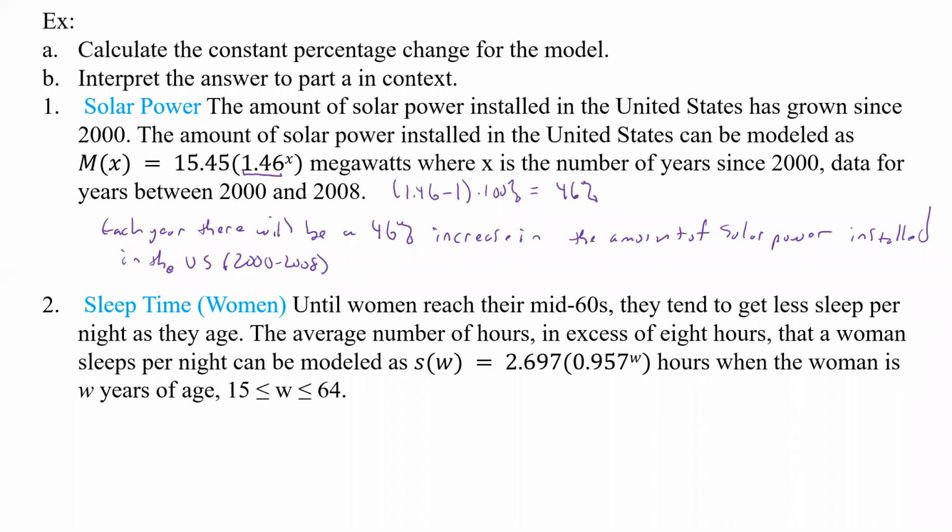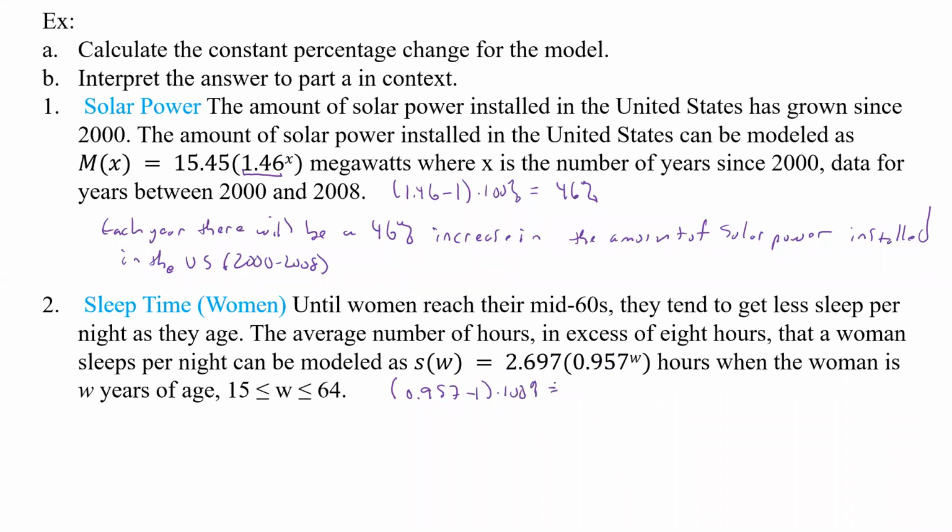Now for the next one, sleep time for women. Until women reach their mid-60s, they tend to get less sleep per night as they age. The average number of hours in excess of 8 hours that a woman sleeps per night can be modeled as this. And so that means they're going to have basically 10.697 hours of sleep a night, but it's going to go down based on this. Now what we have to do is take 0.957 minus 1 times 100%.